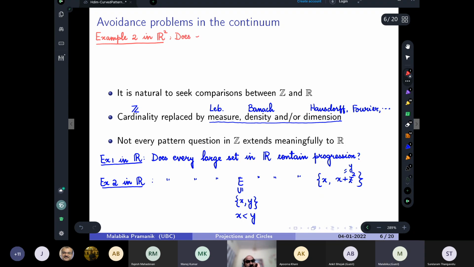Does every large subset of the plane, where large is to be suitably interpreted, contain a set of the form x comma x plus z squared for some non-zero z?